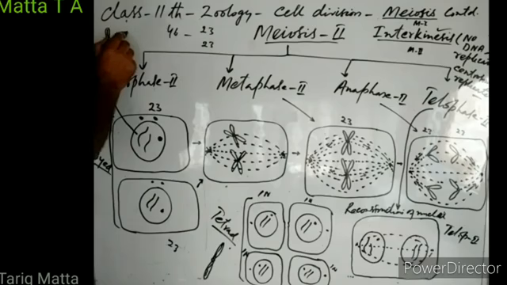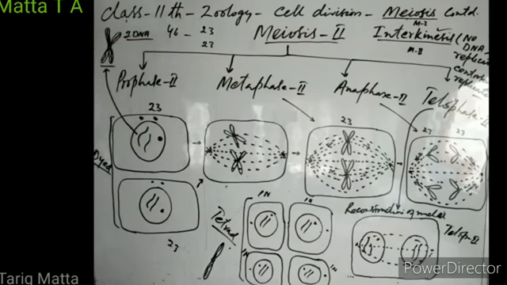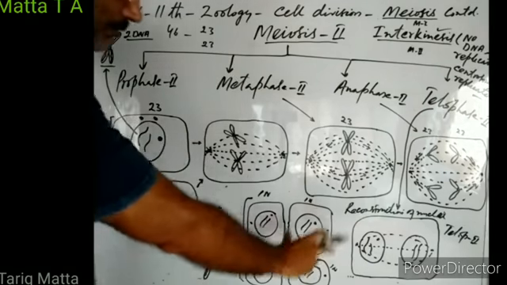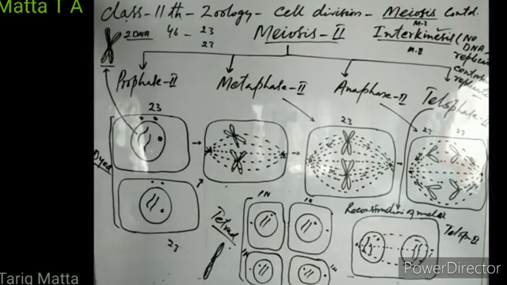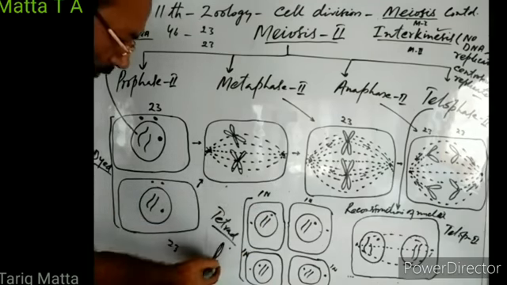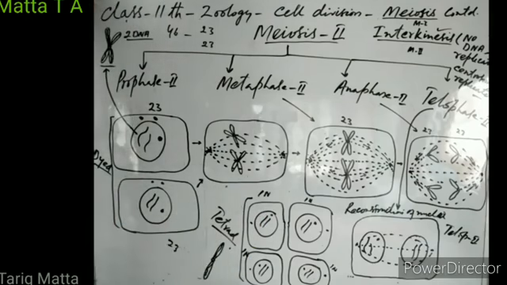It has two DNA molecules in each of its chromosomes. So in order to divide this DNA, in order to make these chromosomes with only one DNA molecule, these two daughter cells undergo meiosis second. At the end of meiosis second, they produce four haploid daughter cells, a tetrad. And in every cell, there are 23 chromosomes and every chromosome has a single DNA molecule.